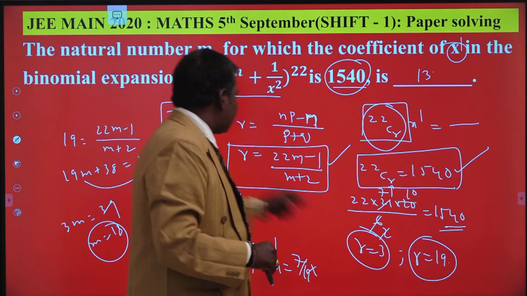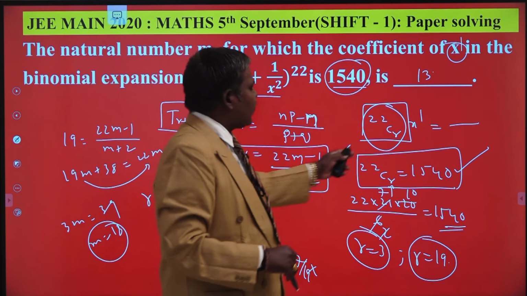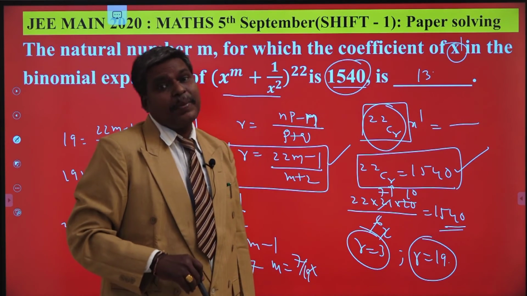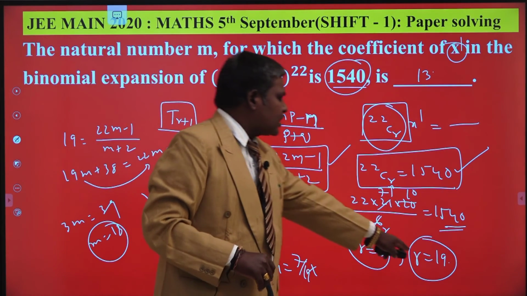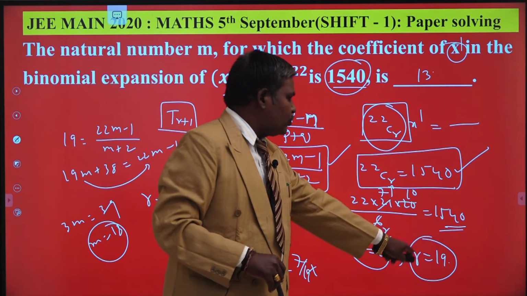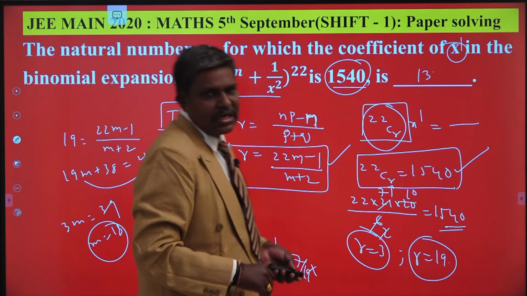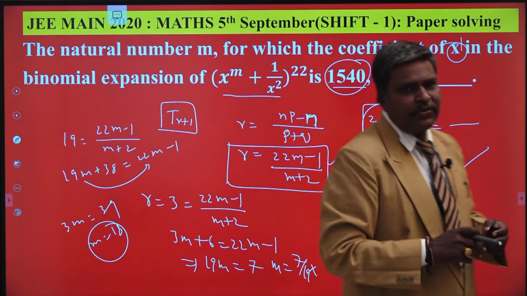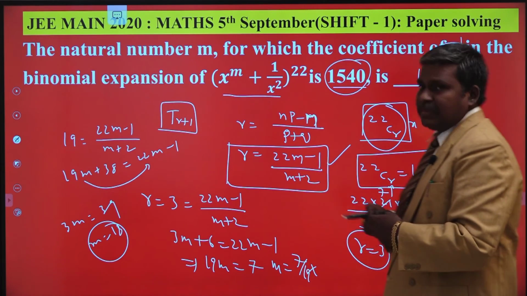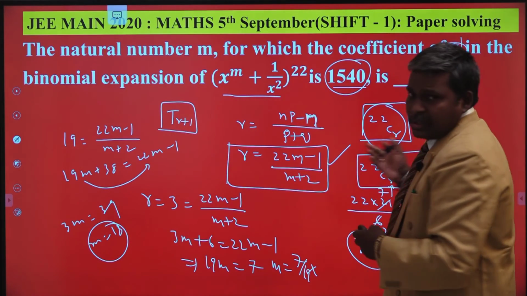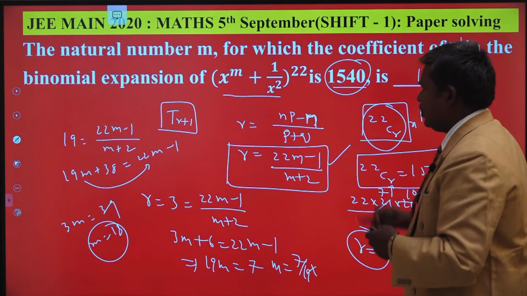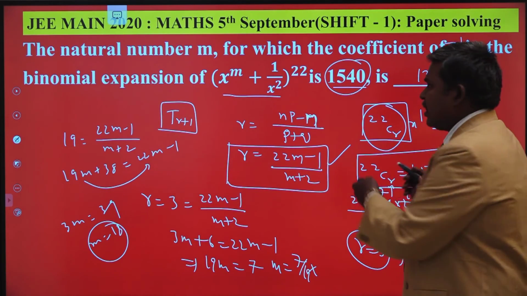For r equal to 3, it is not valid. Then you go for the nCr equals nC(n minus r) concept. At that time we catch the value of r as 19. When you substitute r equal to 19 here, m is a natural number. Understand? So this type of problems may be asked in next coming question papers also. So you learn this type of problems also. Okay. Next one.